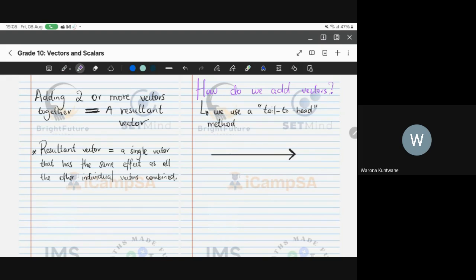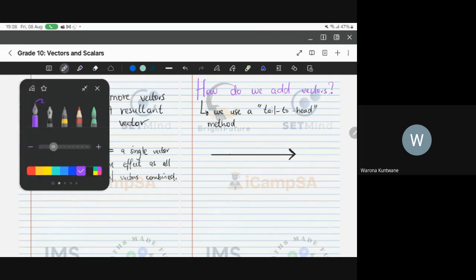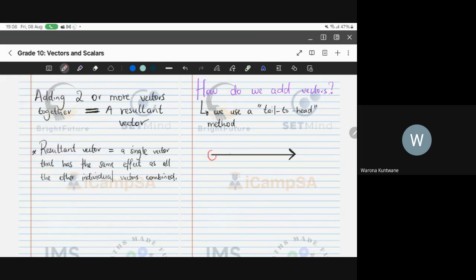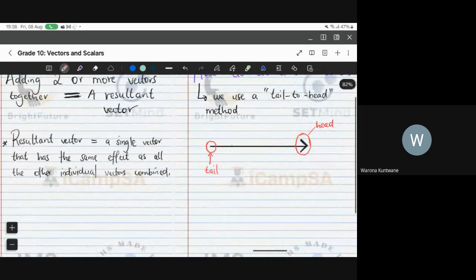So you have a vector. This would be your tail, and this would be your head. So if this is your tail and that is your head, how does the tail to head method work then?